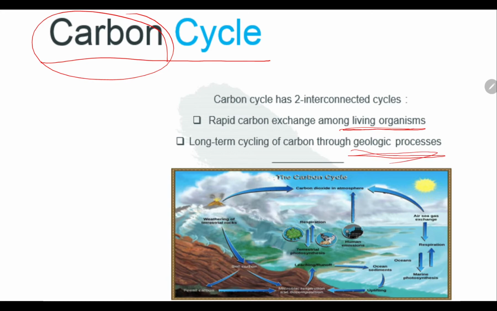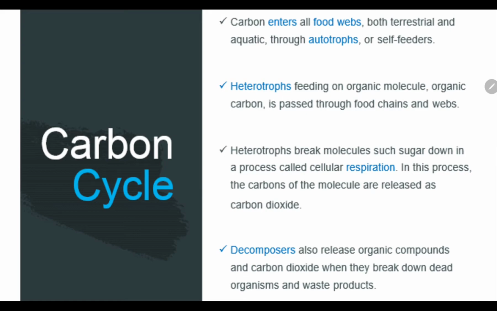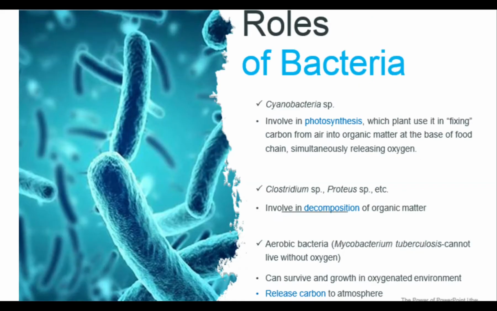These two cycles are interconnected, so that is why they are in a loop just like this. Okay, so this is the general overview of the carbon cycle, and I think you can read it on your own, and I also believe that you have this general knowledge already from other subjects.